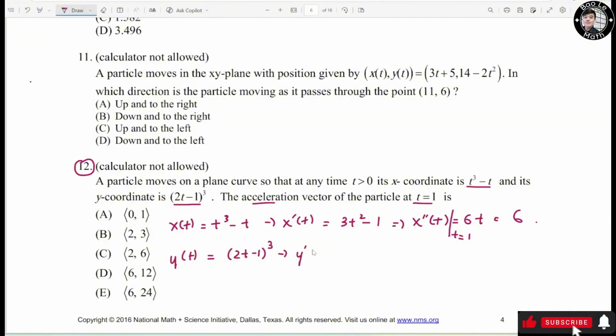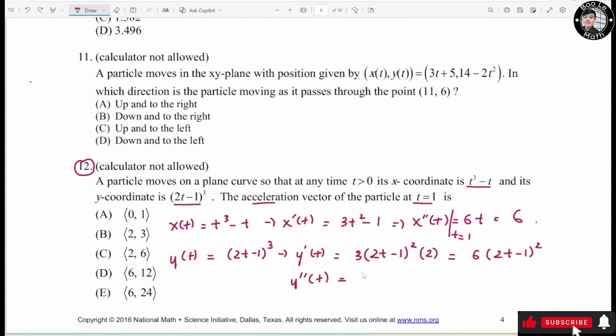And then y prime of t is 3 times 2t minus 1 squared times 2, right? So it's going to be 6 times 2t minus 1 squared, right? Then y double prime of t is 12 times 2t minus 1 times 2, so it could be 24.